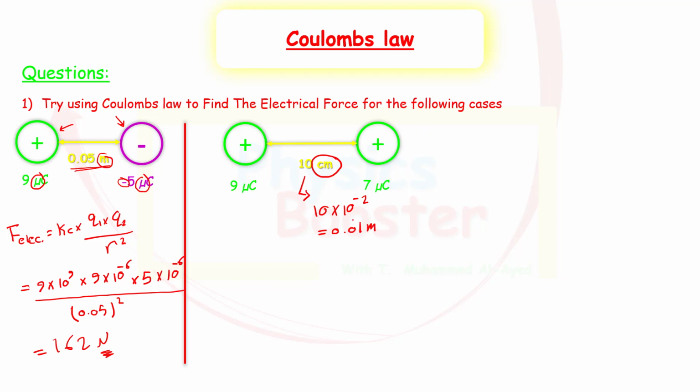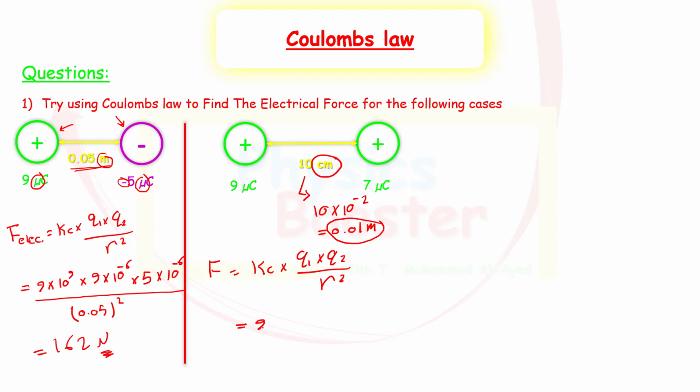Now, we will finish this problem. We know that the force F is equal to Coulomb's constant multiplied by Q1 multiplied by Q2 divided by R squared. The trick here is to keep an eye on the unit. It's in centimeters, but we need it in meters.